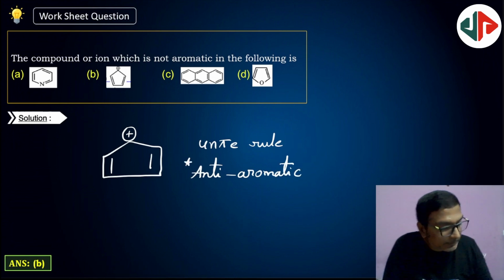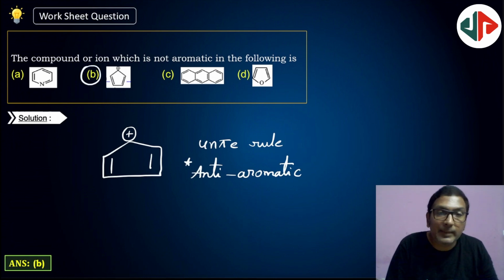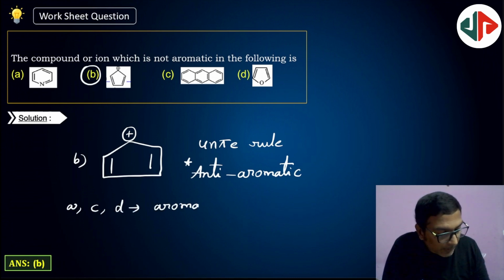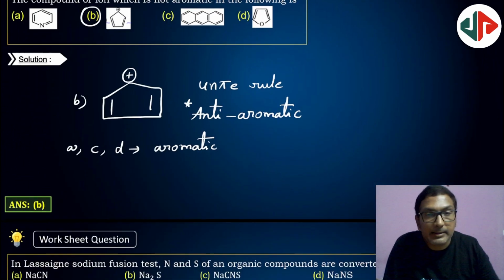Anti-aromatic compound, option B. Remaining are aromatic. So B is anti-aromatic, and A, C, D are aromatic. Next.